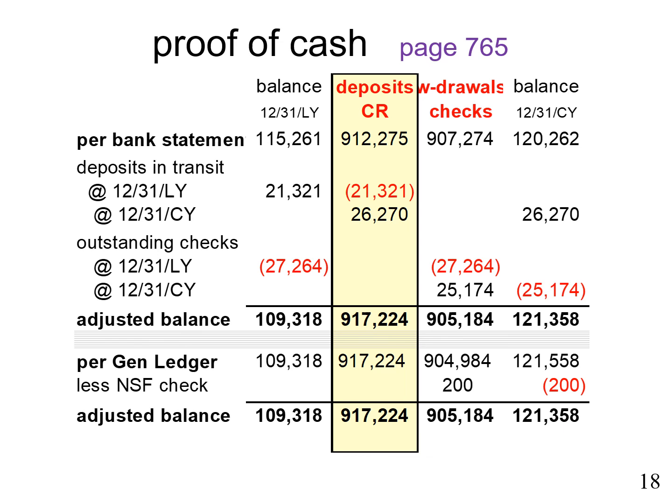If I look at the 12/31 of the year under audit, there are $26,270 deposits in transit. The bank won't know about those until January of next year. So in the reconciling column, I have to add 26,270.